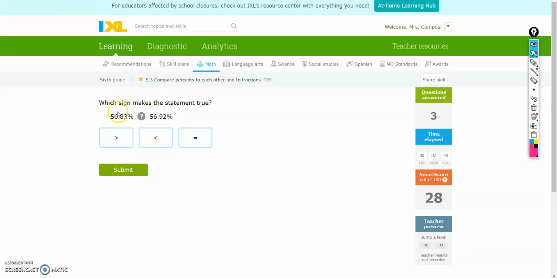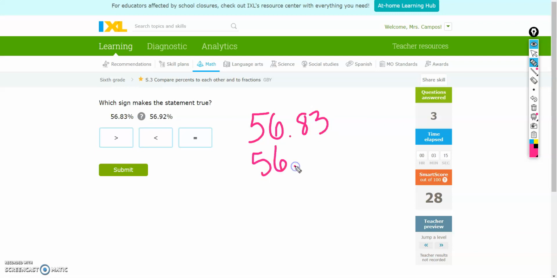Again, very similar. So we're just basically comparing decimal numbers, but we're calling them percentages. Which sign makes this statement true? So we start at the beginning, the whole numbers, they're both 56. And if you needed to, sometimes it's easier if you write them out and line up the decimals.